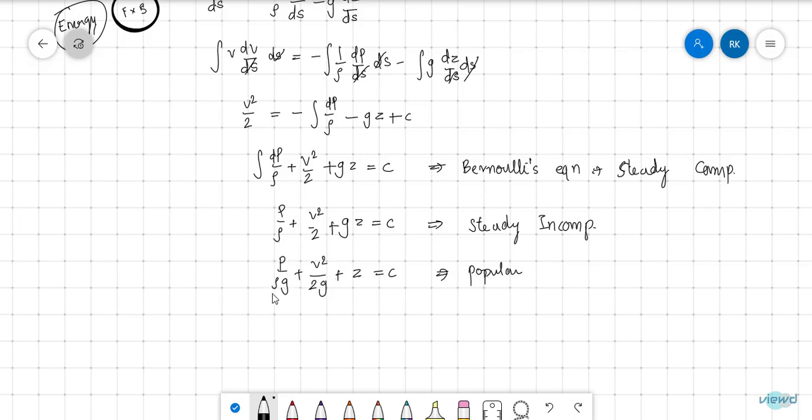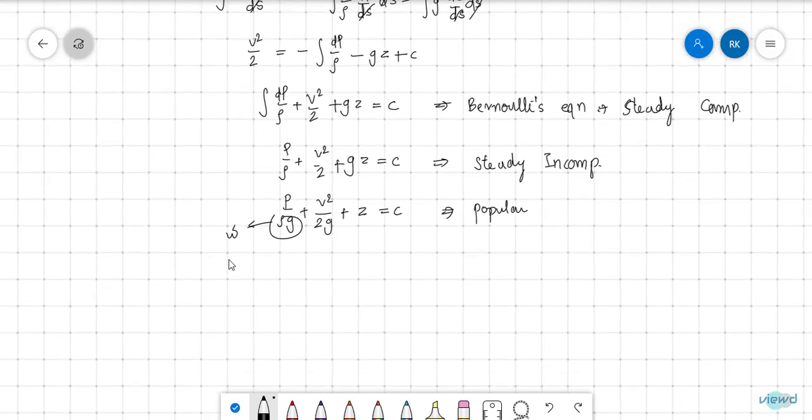Here ρg can be written as small w, the specific weight. So p/w plus v²/2g plus z is equal to constant. For ideal flows, p1/w plus v1²/2g plus z1 is equal to p2/w plus v2²/2g plus z2. This is for ideal flows.